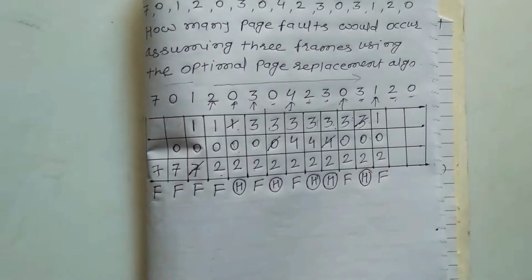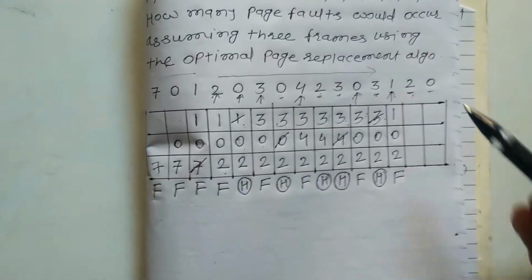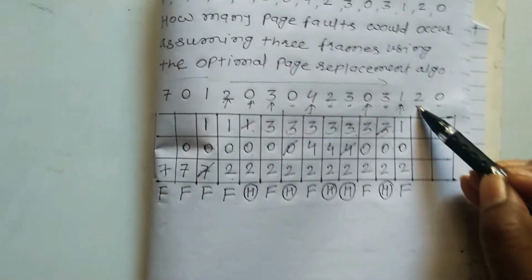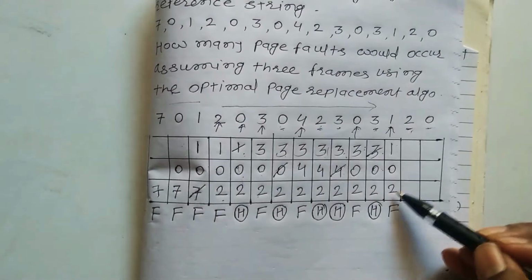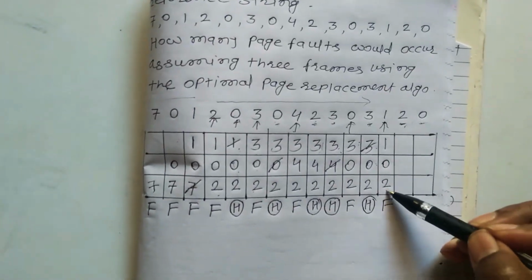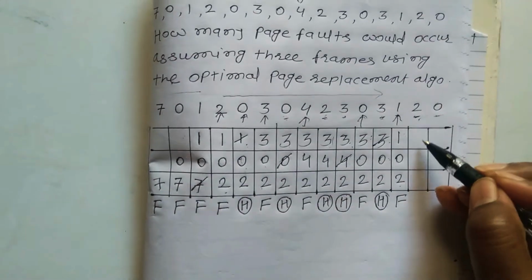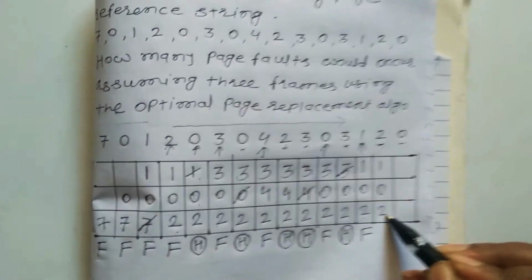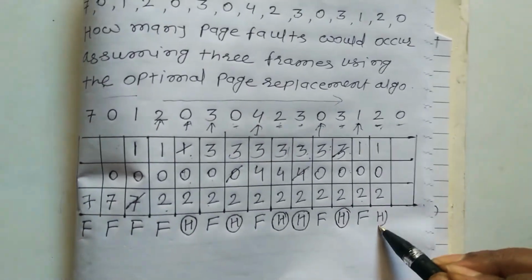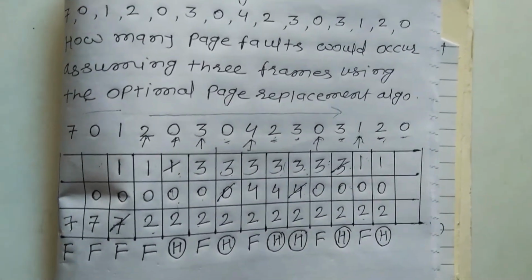and this is a page fault. Now the next page I want to place in the main memory is 2, and if I see the previous frames, 2 is already there in the main memory. So I will write down the pages as they are, and this is a page hit.